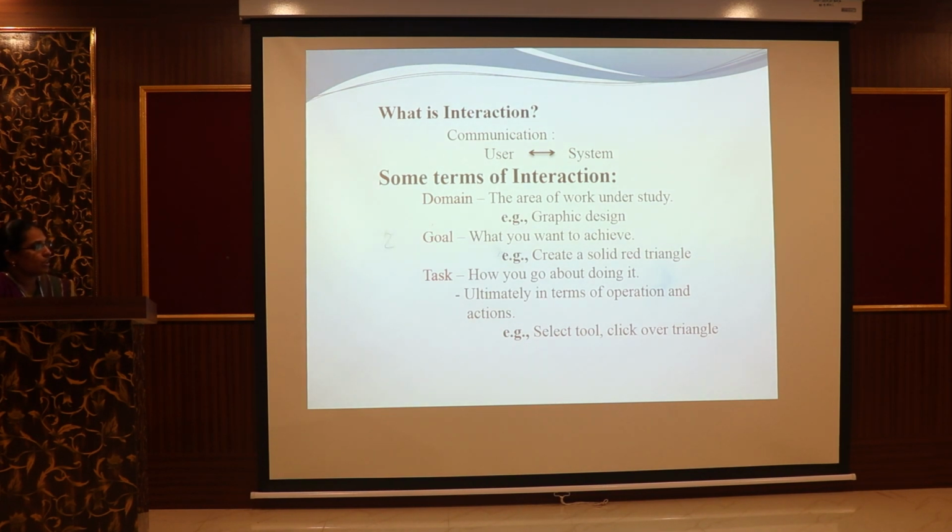So next the goal is what you want to achieve. Next, take a triangle to do the graphical design. Next, the task is how you go about doing that. In the sense, some tools and techniques are used by the human to draw the graphical design.